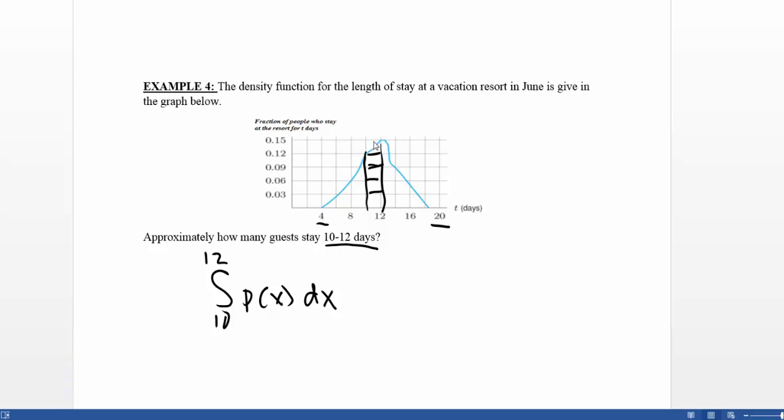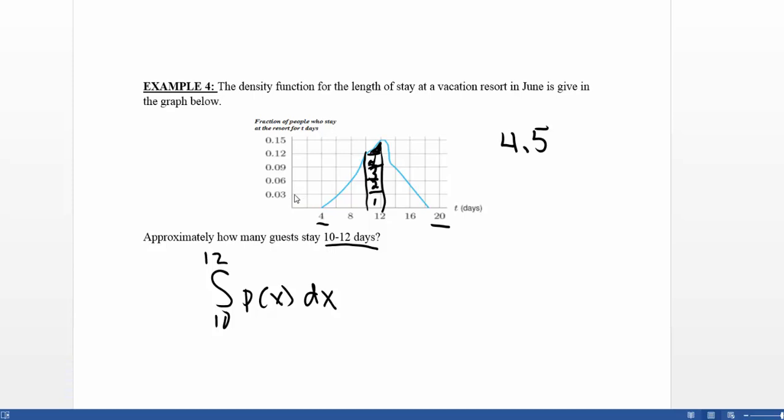So I'm pretty satisfied saying that there's approximately 4.5 blocks under the curve. So 1, 2, 3, 4, and then there's a little half a block here. So 4.5. But I also need to know what one block represents.